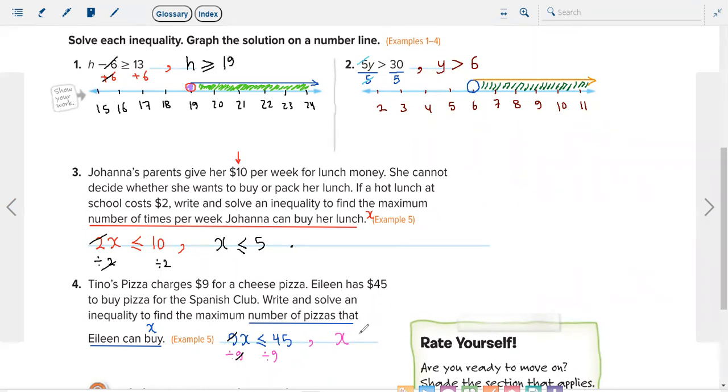And now the smaller than or equal sign is the same. 45 divided by 9 is 5. So she can buy 5 pizzas, $9 each. She can buy 5 pizzas with the $45. She can buy 5 or less. But she cannot buy 10, for example.